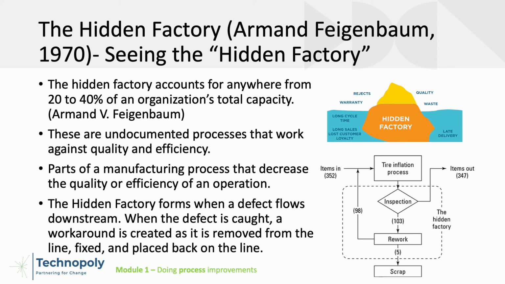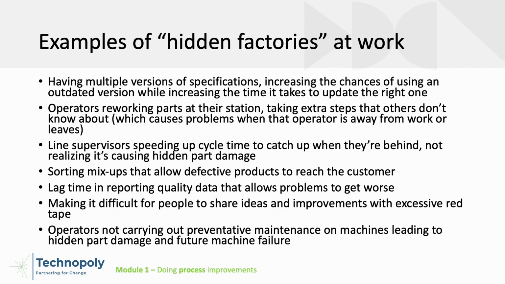Without recognizing this hidden factory, we end up not explaining why such performance is happening. These performances that are attributed to hidden factories can be as much as 20 to 40% of your capacity which is lost. This can oftentimes be undocumented and therefore not seen or not paid attention to. And they often result in a decrease in quality or an inefficiency in your operation.